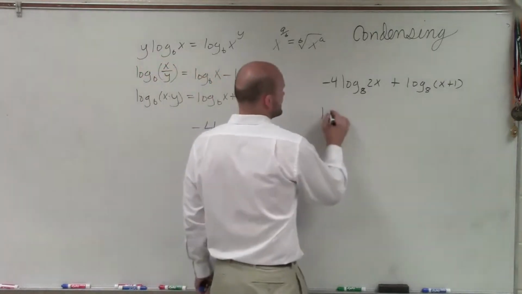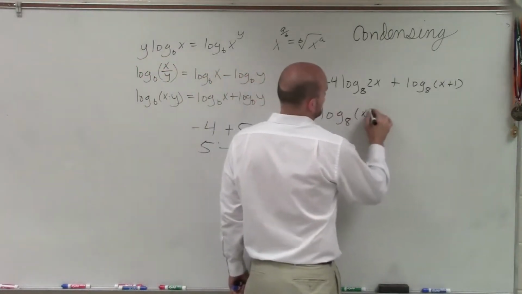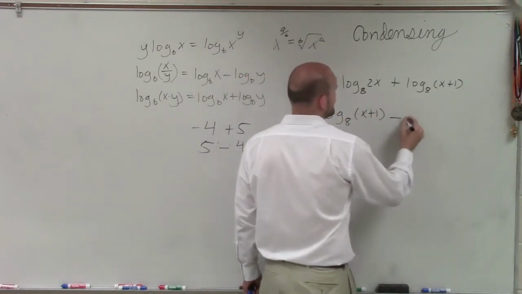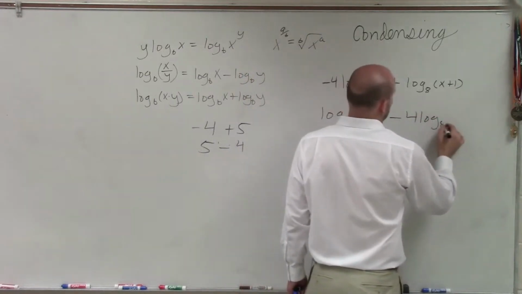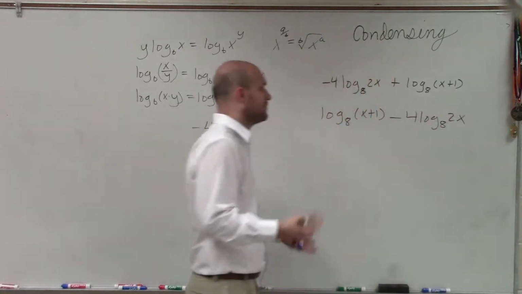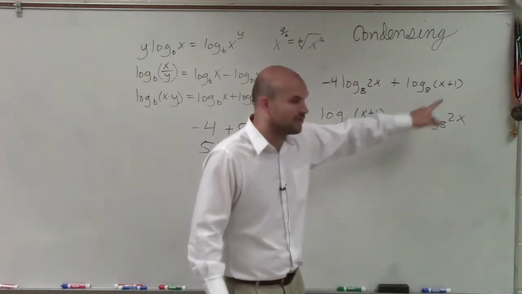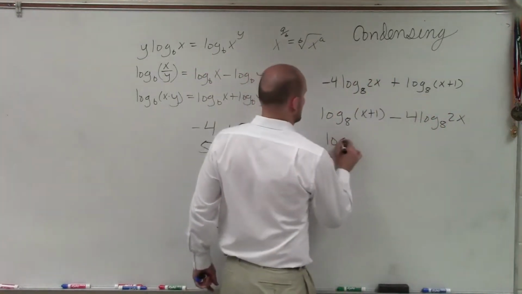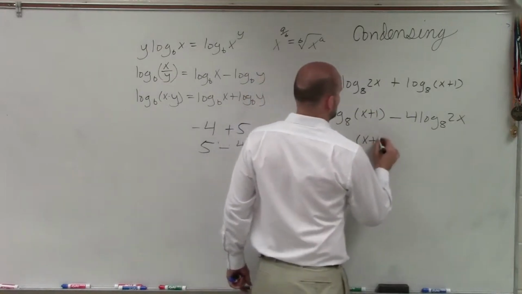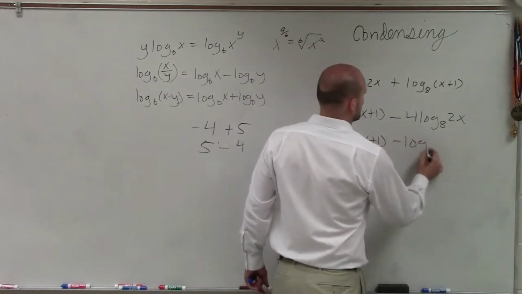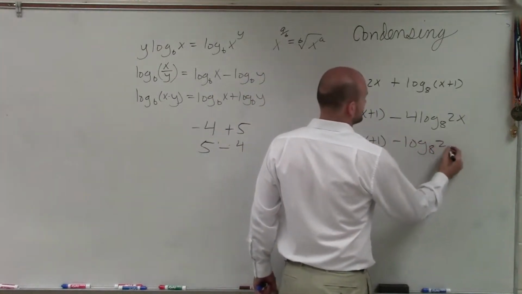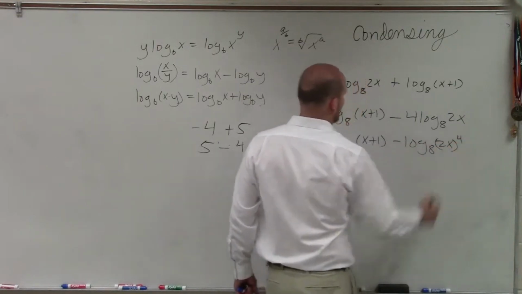So what I'll do is I'll rewrite this as log base 8 of x plus 1 minus 4 log base 8 of 2x. Now, either way, I can see now, all right, I can take my 4, raise it up top. So now I have log base 8 of x plus 1 minus log base 8 of 2x raised to the 4th.